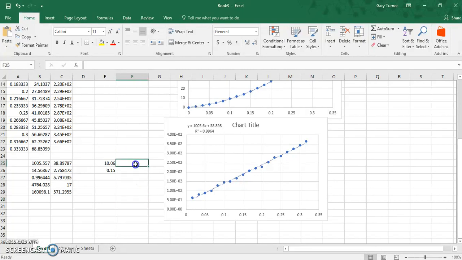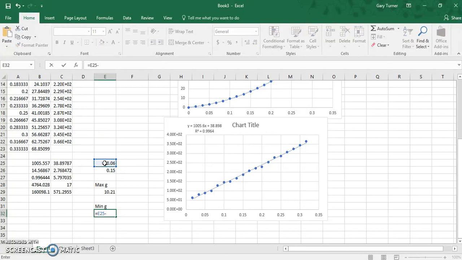Now, what this means is that I have a maximum and minimum range for my acceleration, okay? And so my maximum g is going to be found by taking my measured value plus my uncertainty, and my minimum value is going to be found by taking the measurement minus the uncertainty.